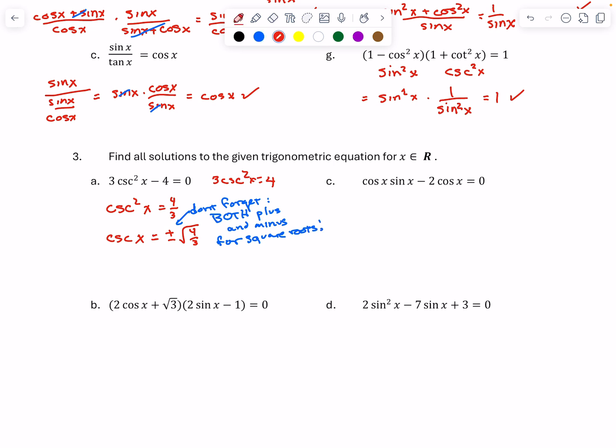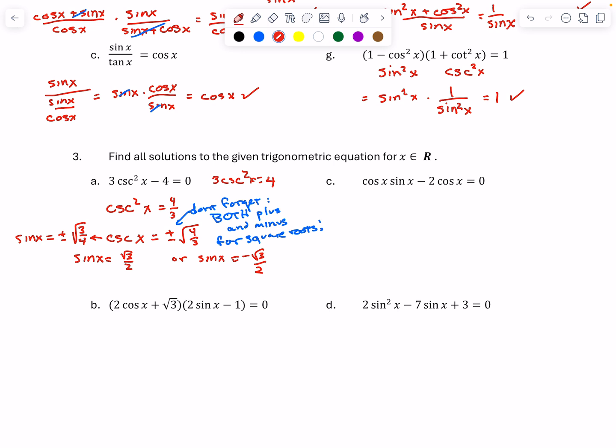Okay, that's one of the biggest things people screw up. Square root of 4 is 2, so let's just flip this and say sine x is plus or minus, flip the 4/3 to a 3/4. So sine x is root 3 over 2. Oh, we've seen that before. Or sine x is negative root 3 over 2.